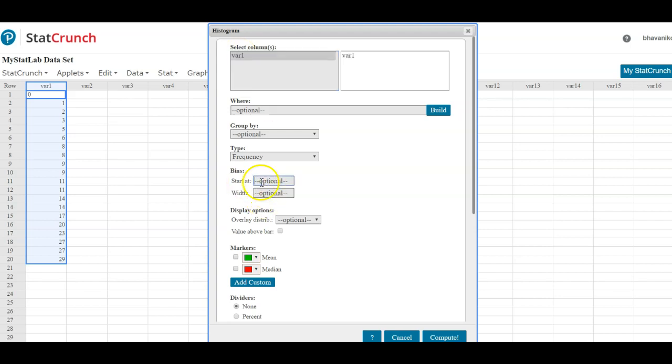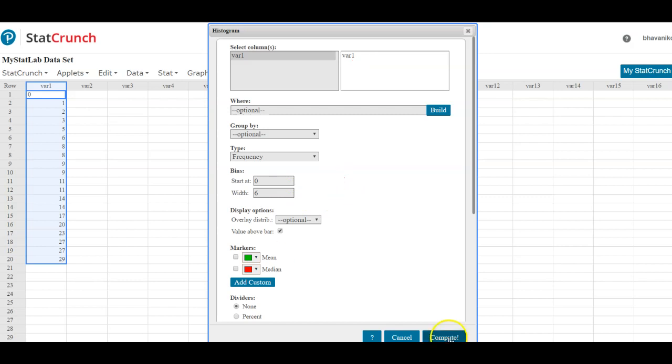Step 2, start at, which is going to be your minimum value, in my case 0. Step 3, width, which is the class width, which I already found out, which is 6. And step 4 is to click value above the bar. So the steps here are: variable, the minimum value, which is start at, and the class width, which you already calculated before.